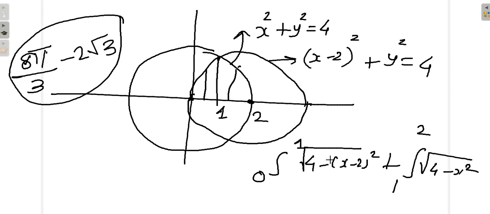Let us do one last modulus function sum.